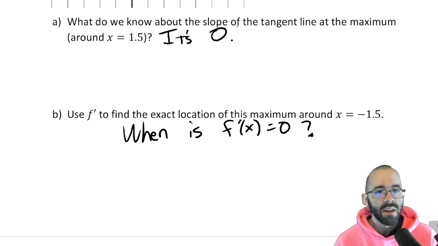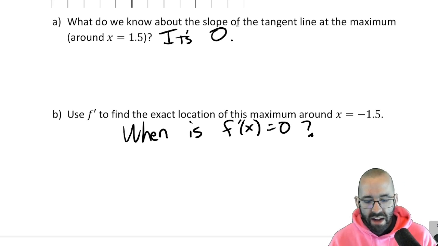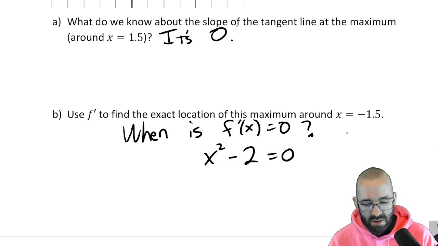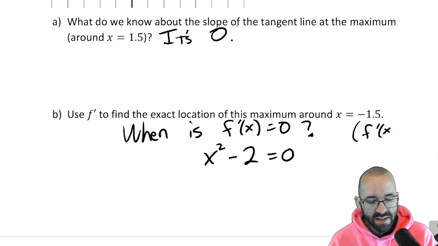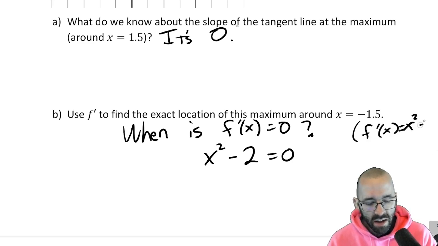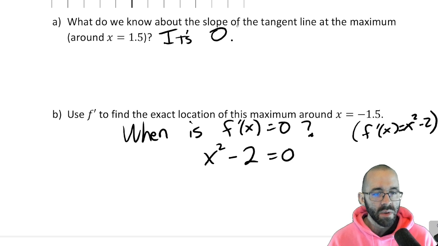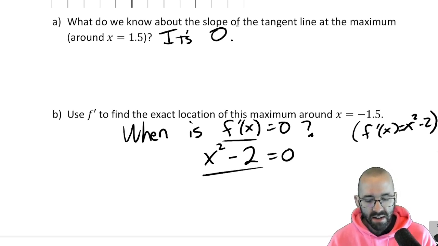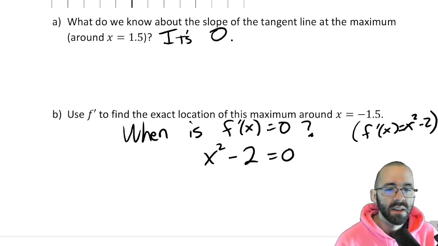We can find this out because we know that f prime of x is x squared minus 2. F prime of x is the exact same thing as x squared minus 2. So we can just replace it. These two things are identical.